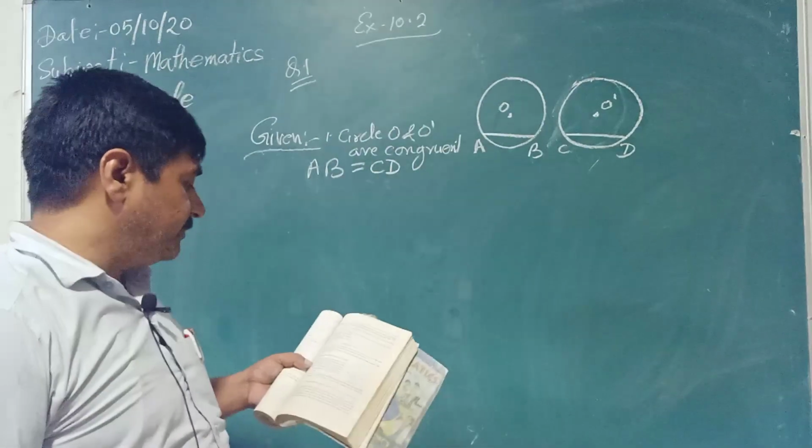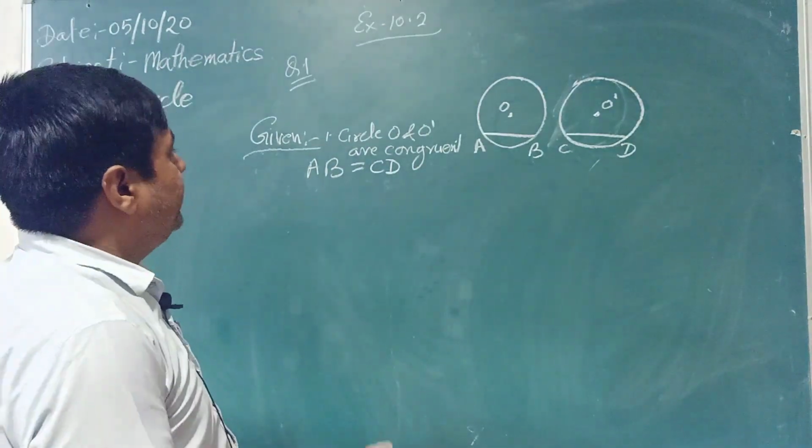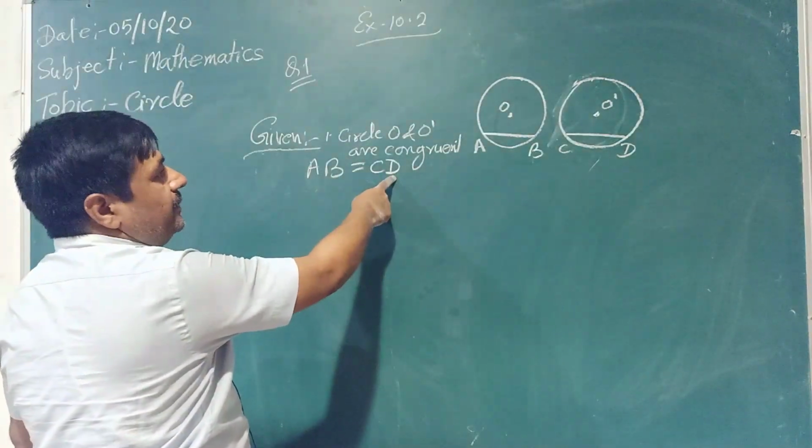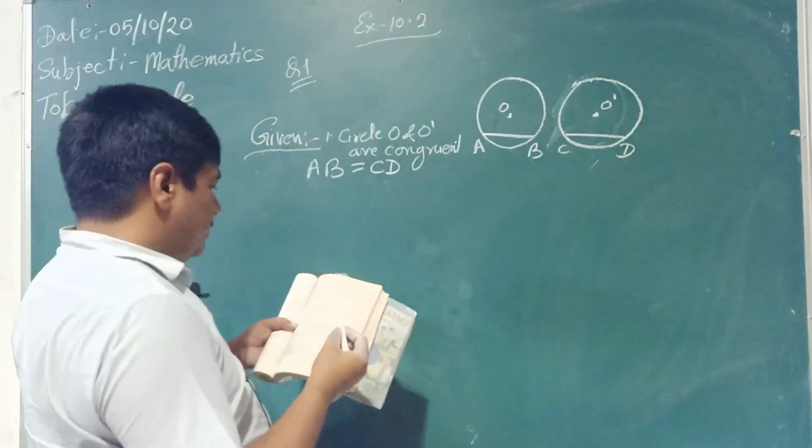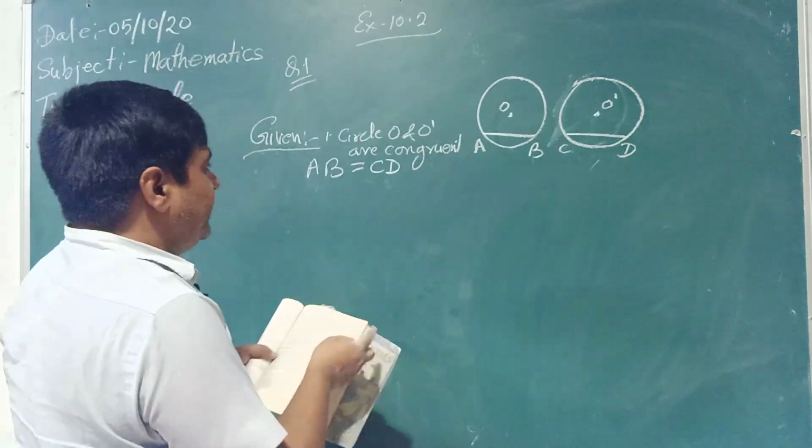It is given that the circles are congruent and AB is equal to CD. Then they subtend equal angles.